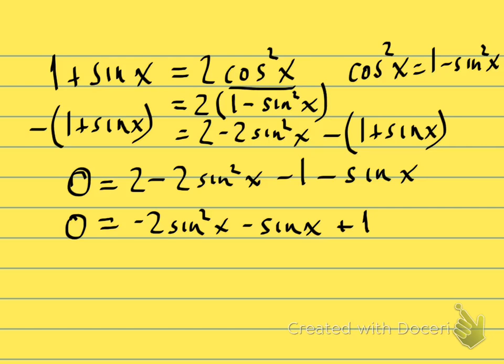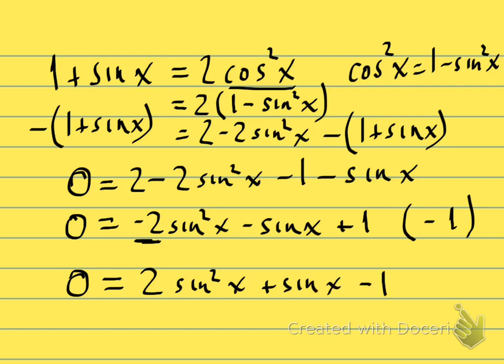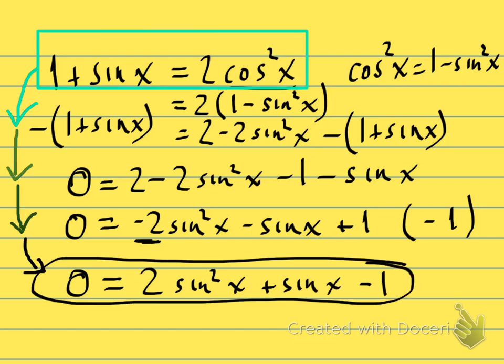I just don't happen to like having a negative leading coefficient if possible, so I'm going to multiply the equation by -1 and have my final form there as 2 sine squared x plus sine x minus 1. And all I've done so far is rewrite the equation in a standard form quadratic type of equation.